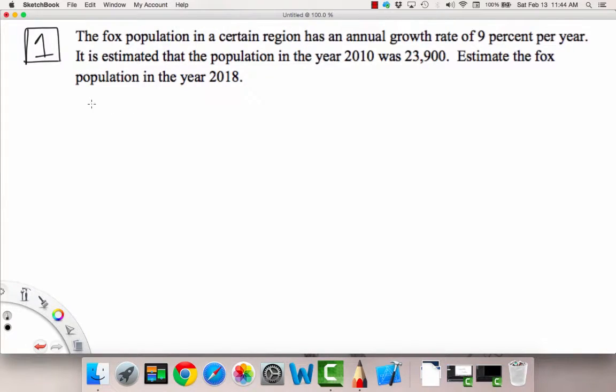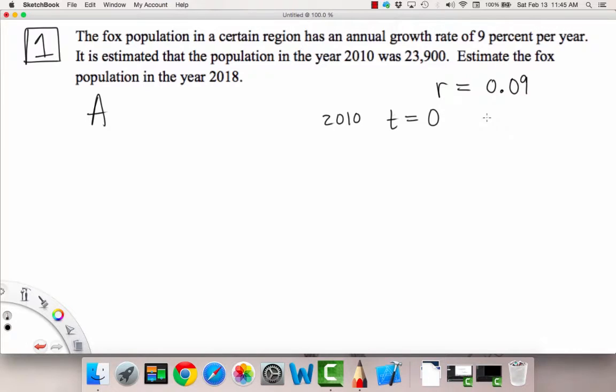Okay, so the first thing is that we have an annual growth rate of 9% per year, so that can be represented by r equals 0.09. The estimated population in the year 2010: we can measure t from 2010, so t equals 0 represents the year 2010.